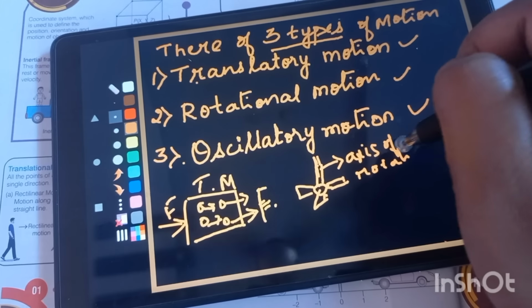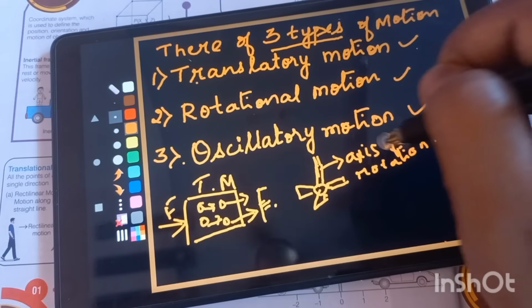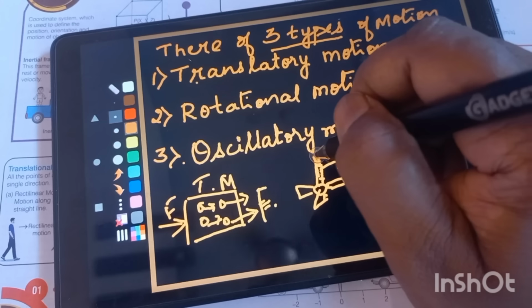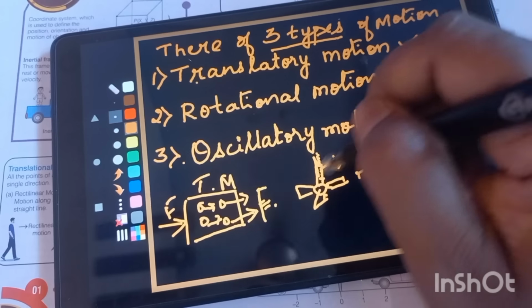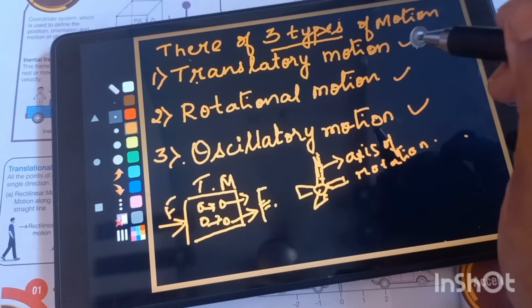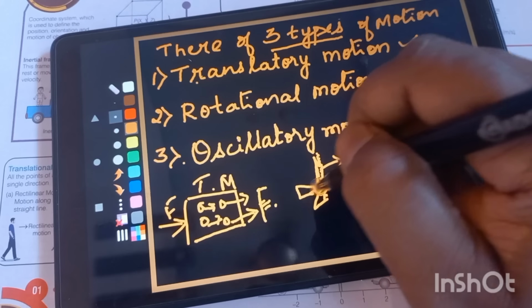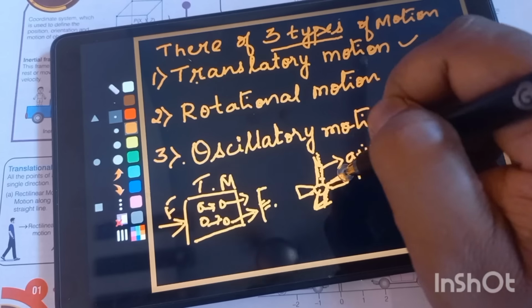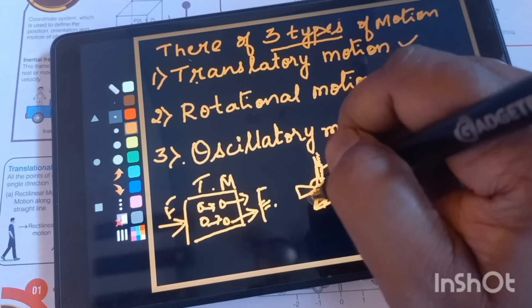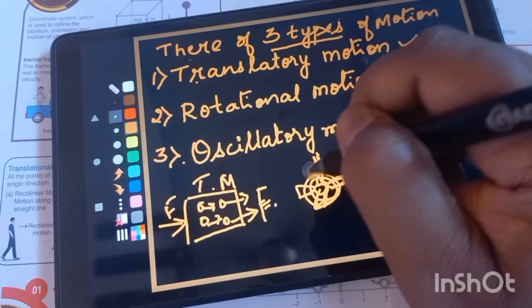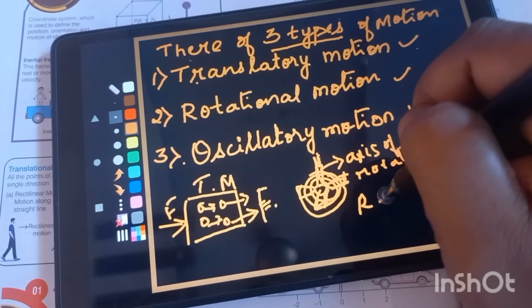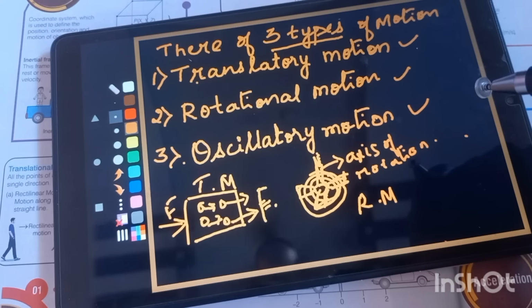Now the axis of rotation, in this the particles will be moving in a fixed path. It has translatory motion, but the wings of this fan or blades of the fan, they will be having the circular motion. So that motion is known as the rotatory motion, okay.